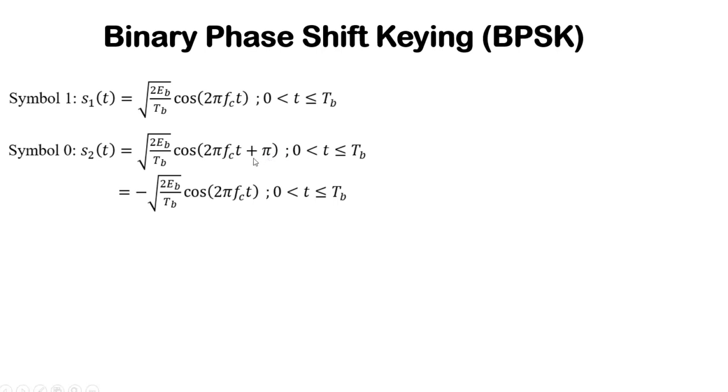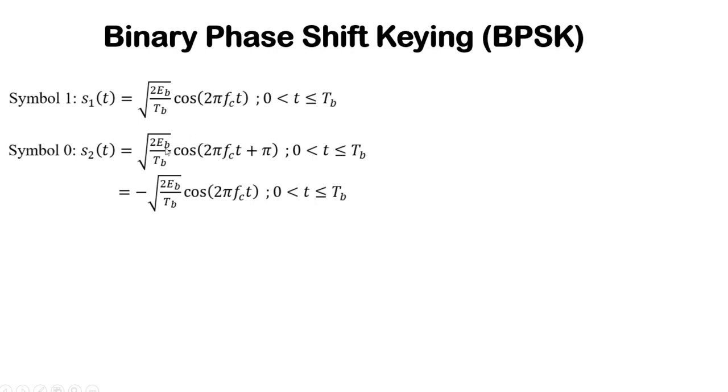This pi is the starting angle of the BPSK signal. So there will be a phase shift of pi for symbol 0, and for symbol 1 the phase shift is 0. If you see 2 pi FCT plus 0, the phase is 0. Similarly we have added the angle pi in the signal, so the phase will be pi. For symbol 1 phase is 0 and for symbol 0 phase is pi.